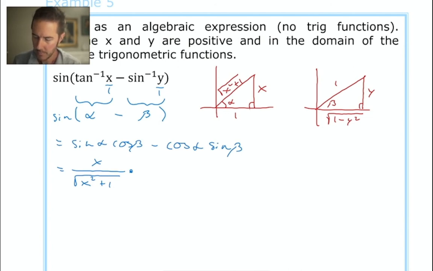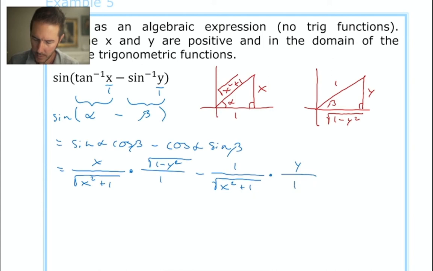Looking at the beta diagram, cosine is adjacent over hypotenuse, which is the square root of 1 minus y squared over 1. Now minus the cosine of alpha, which is adjacent over hypotenuse, times the sine of beta, which is opposite over hypotenuse.